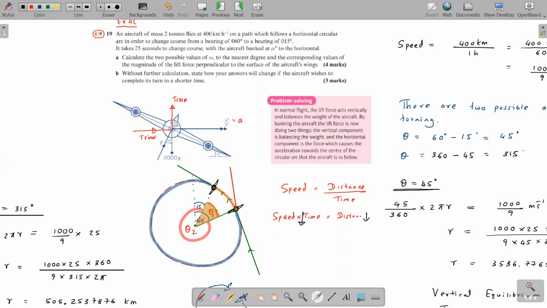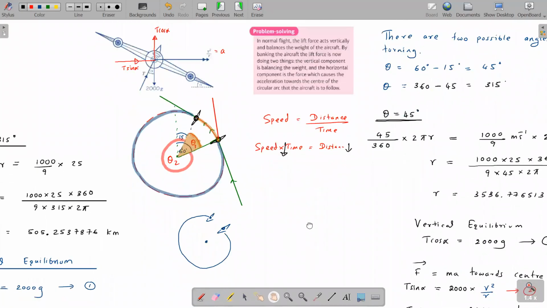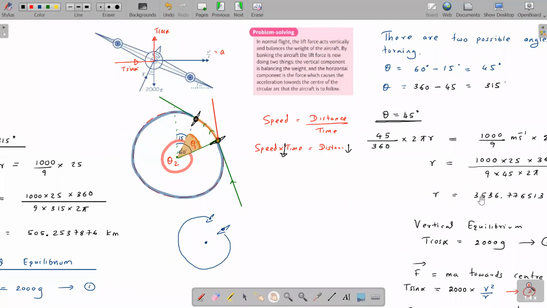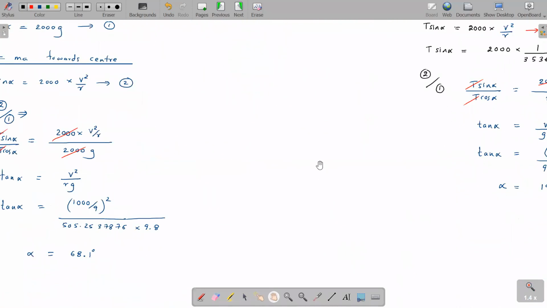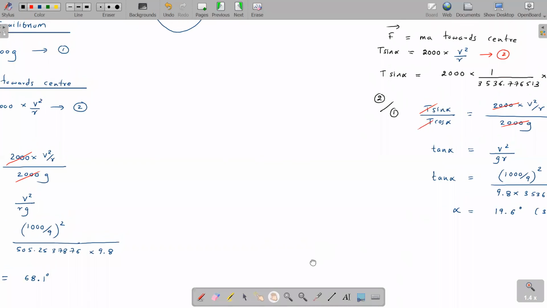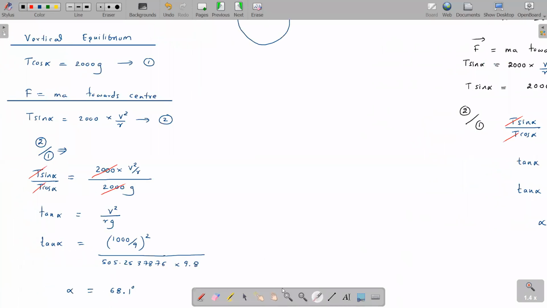So you can write down: to turn the aircraft in a shorter time, we need to decrease the radius of the circular arc. So guys, when you decrease the radius of the circular arc, what happens to the banking angle? I think you saw from what we did in part A, for the 45-degree angle, the radius 3536, and for radius 505, the banking angle had a significant difference, right? For the larger radius, the banking angle was smaller, while for the shorter radius, the banking angle is larger.